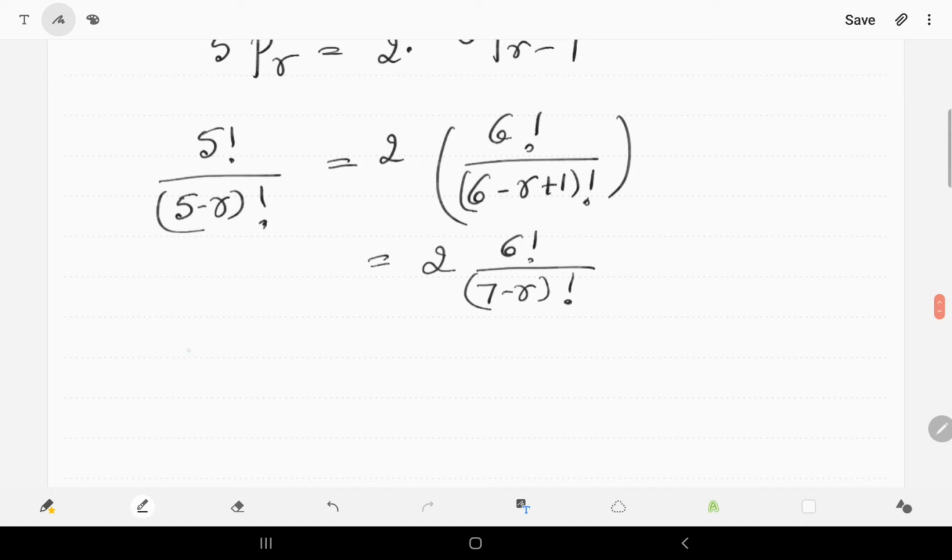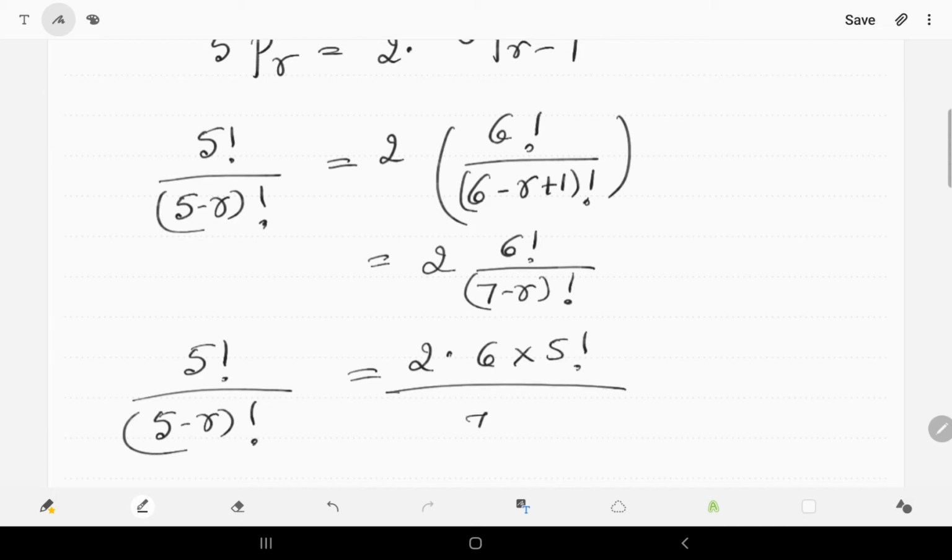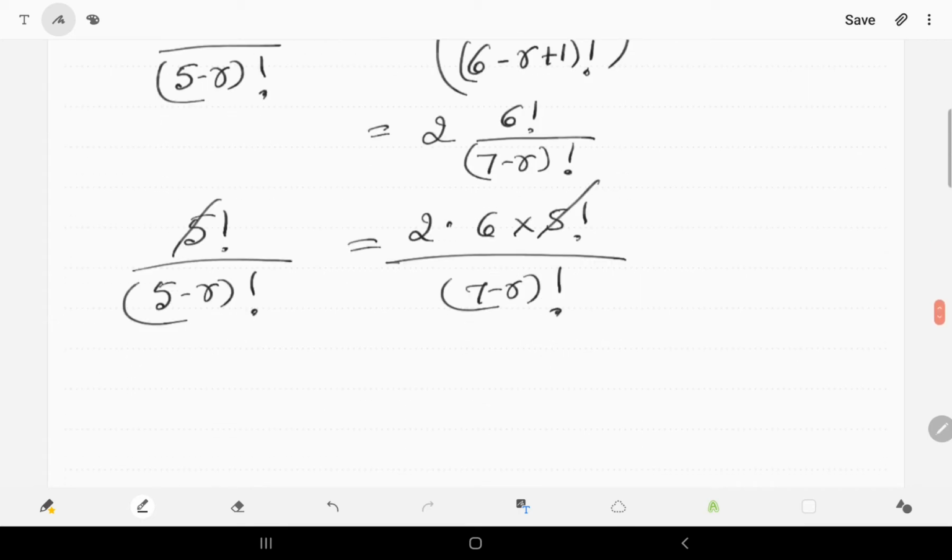Now 6 factorial can be written as 6 into 5 factorial, so 5 factorial cancels. Cross multiplying, (7 minus r) factorial is equal to 12 into (5 minus r) factorial.